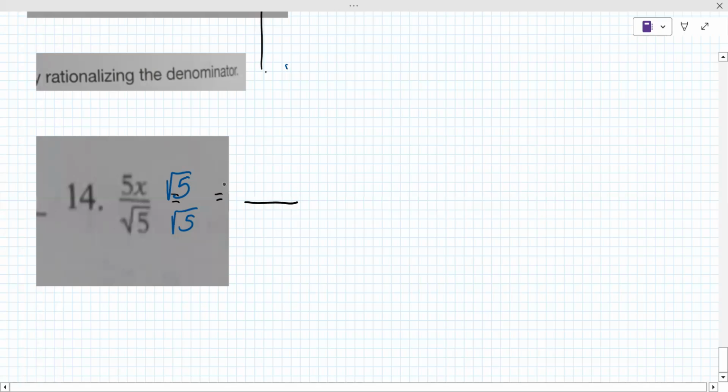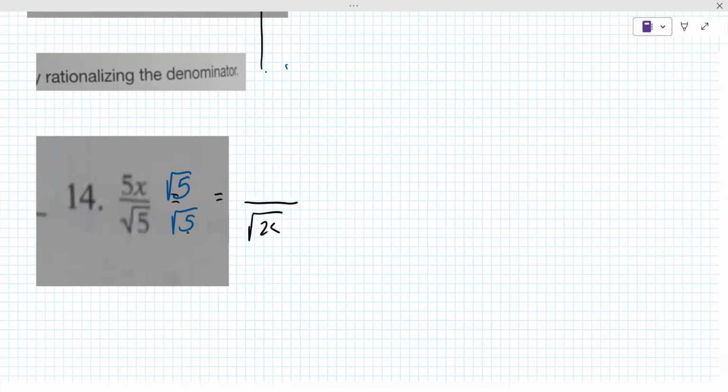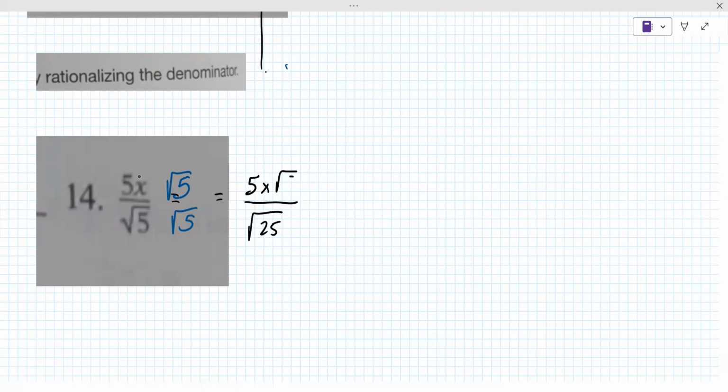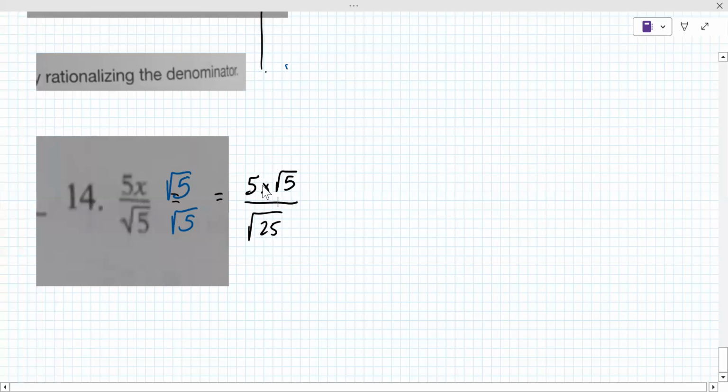Right. So what does the bottom become? Let's just focus on the bottom. That would become the square root of 25. Now in the numerator, there's no square root. So there's nothing to combine. You just have to separate them where there's stuff on the outside and stuff on the inside.